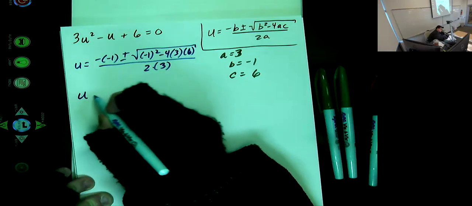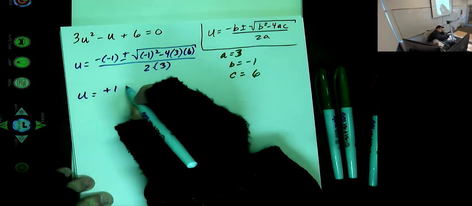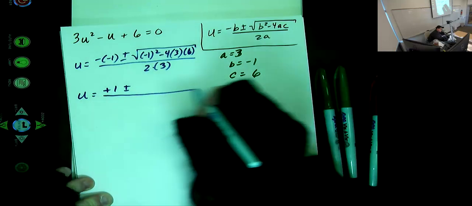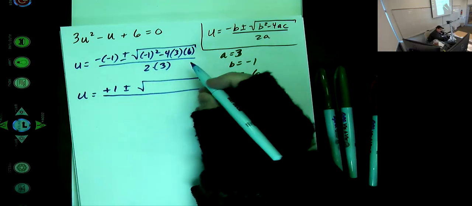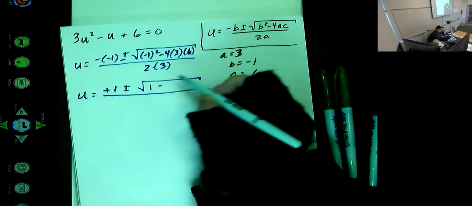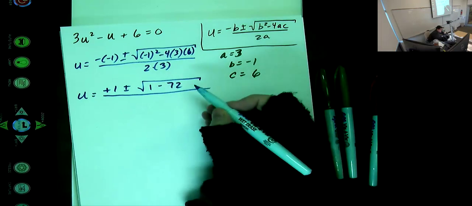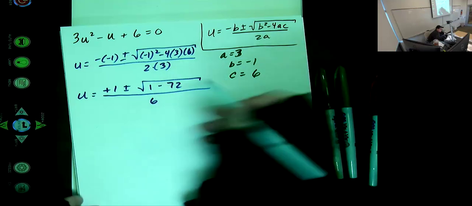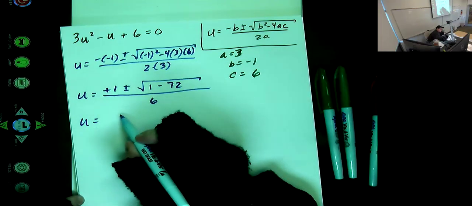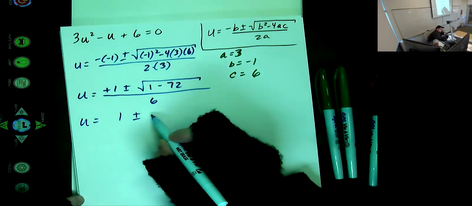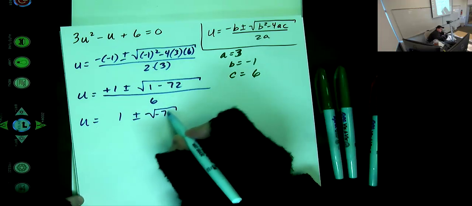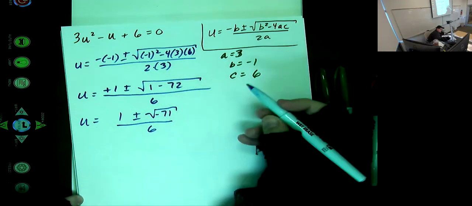So that's a +1 right there, and then 1 minus 12 times 6, which is 72, over 6. 1 plus or minus square root of -71 over 6.